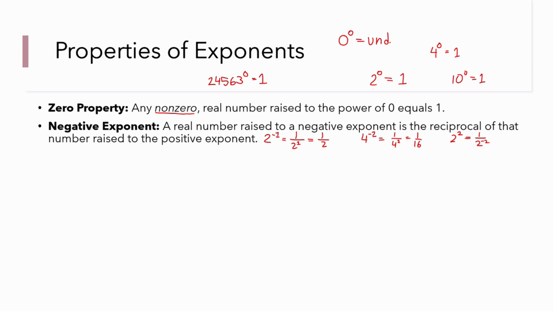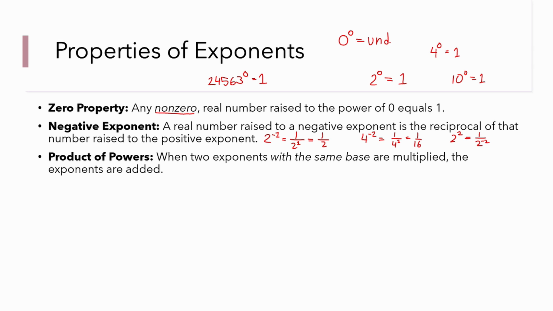The next property is the product of powers. When two exponents with the same base are multiplied, the exponents are added. So what this means is that if I have two exponents, say 4 to the power of 2 times another exponent, 4 to the power of 6, notice that they have the same base.